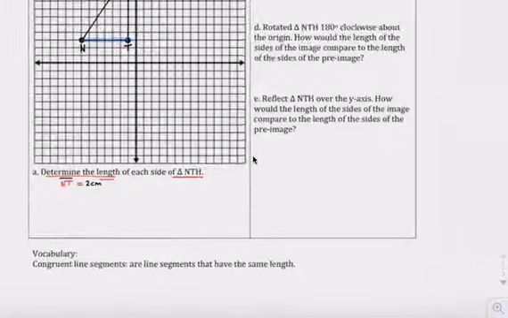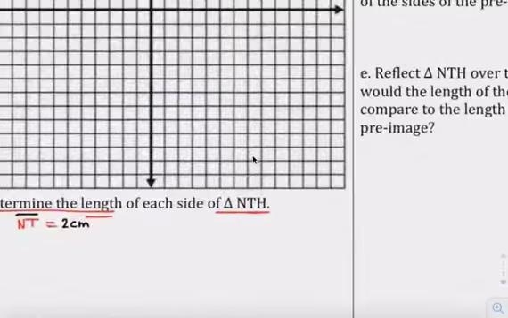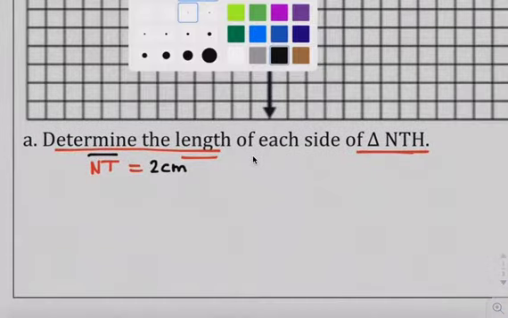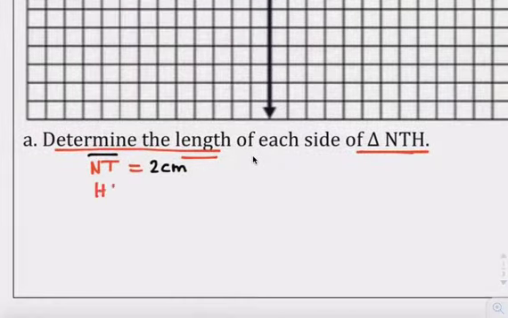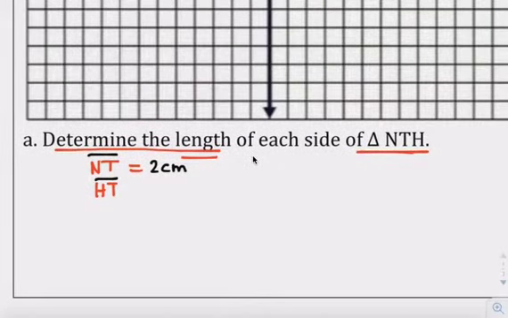Okay, I'm going to measure HT now. Line segment HT, measurement is equal to, normally we put an M for measurement.